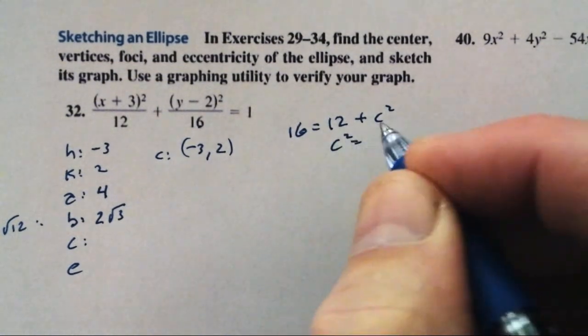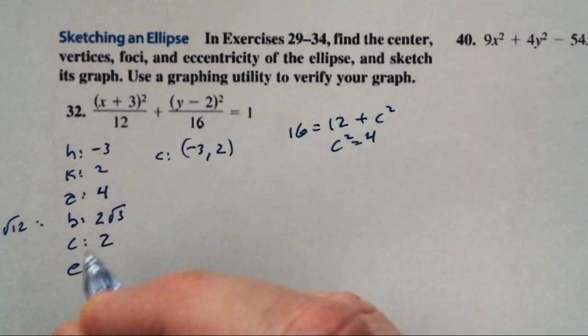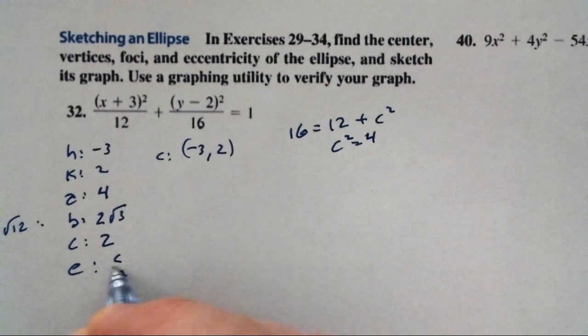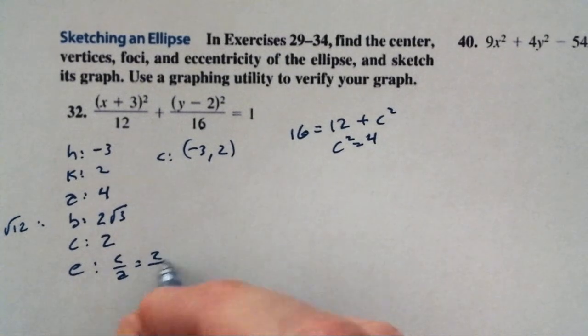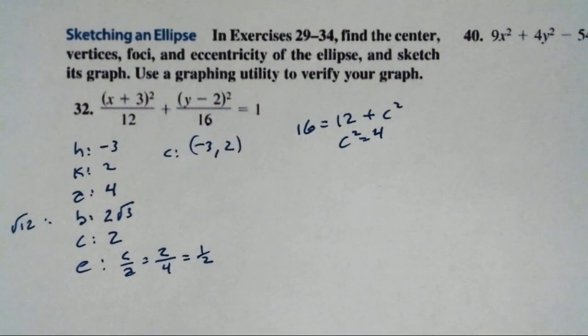So C squared equals 4. C equals 2. And E equals C over A, or 2 over 4, or 1/2, which means this is kind of halfway in the middle between round and flat.